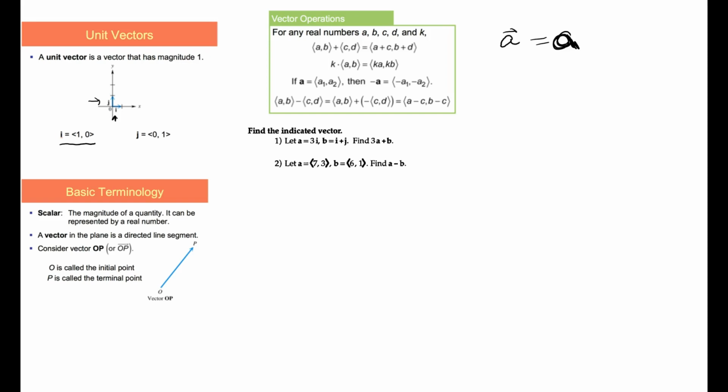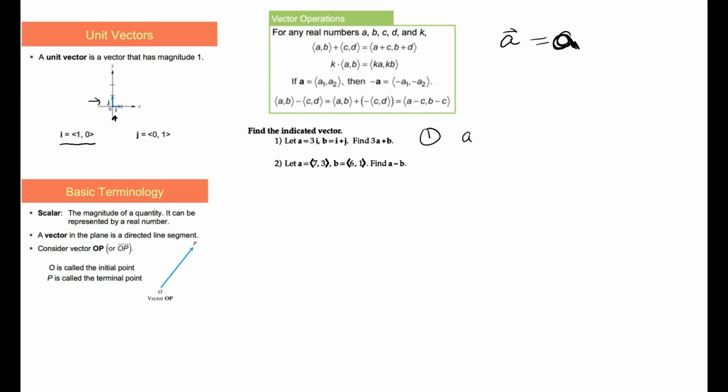All right. So we're not going to worry so much about i being 1, 0 and j being 0, 1. They are going to want the answer in terms of i and j. We'll save working with the unit vectors a little bit later. So take a look at the first example.